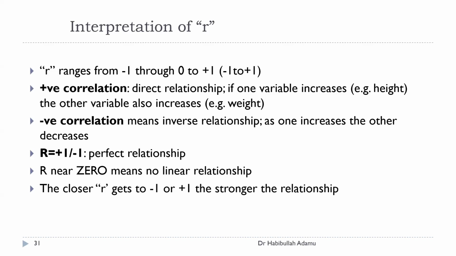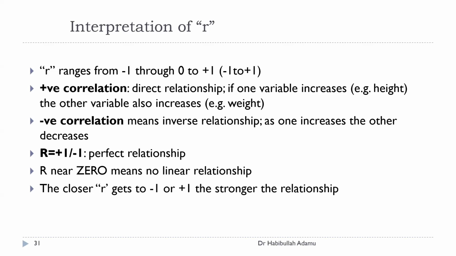So the most important thing is, how is the correlation? I mean, what will be the interpretation? So if the value is either 1 or -1, it means there is what? Perfect association.